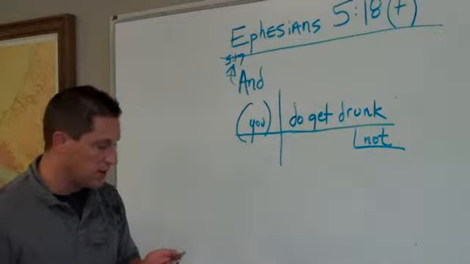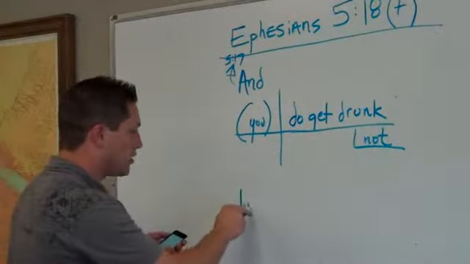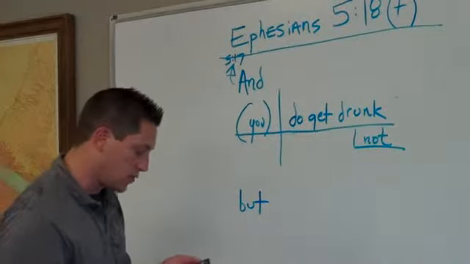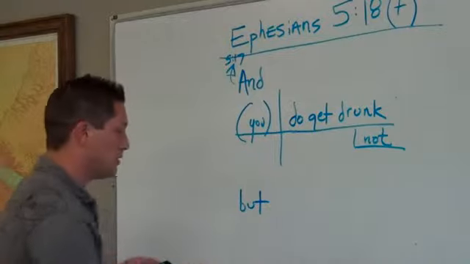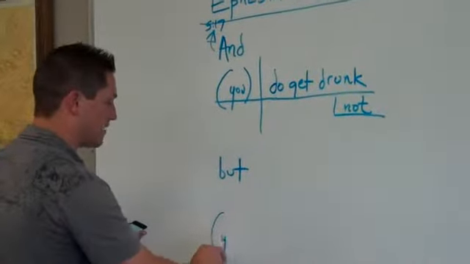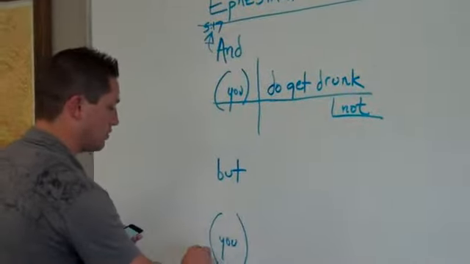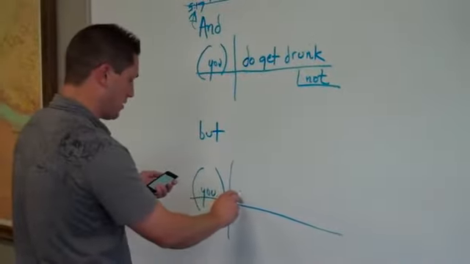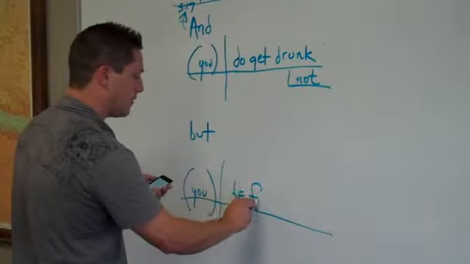Let me skip down. But he contrasts this command with a second command, a positive command, which says, be filled. So just like this one, you have the implied you, followed by the verb be filled.